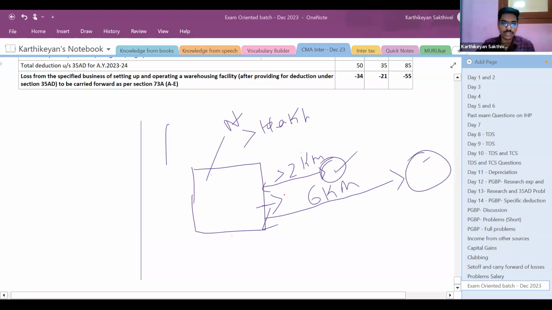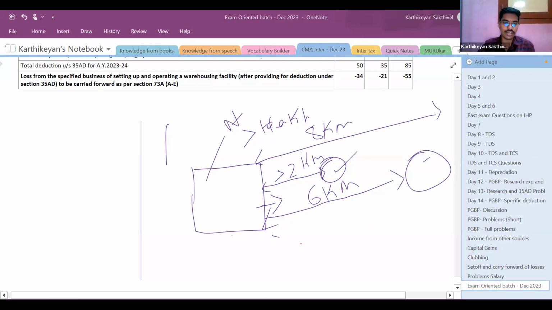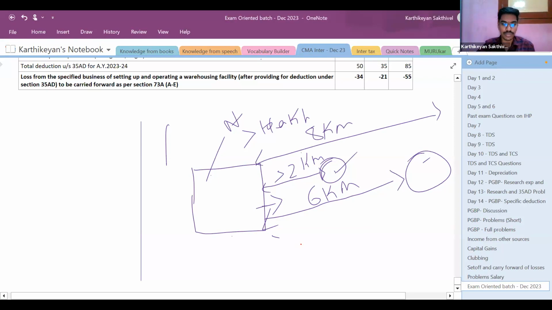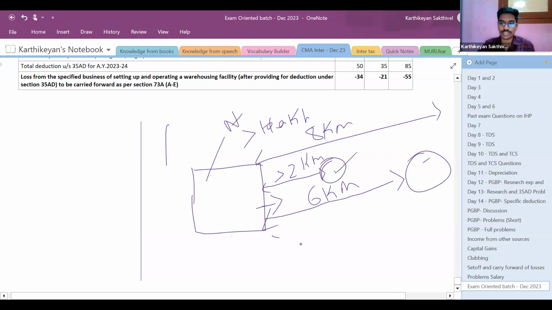Next one, if it is not more than 8 kilometers, and the population is more than 10 lakhs, then till 8 kilometers whatever land is available is to be treated as rural agricultural land.